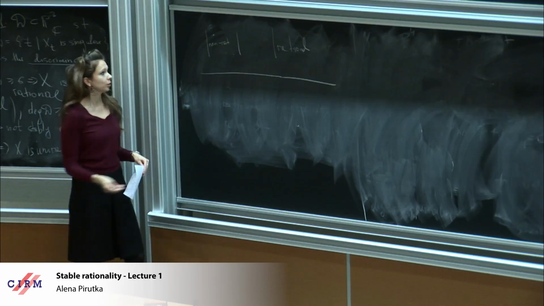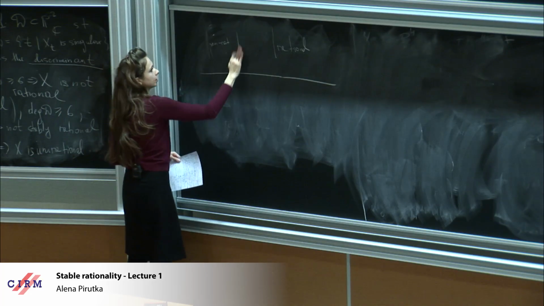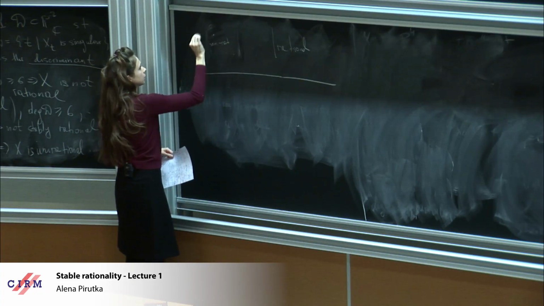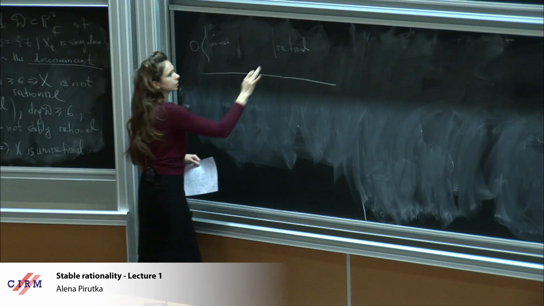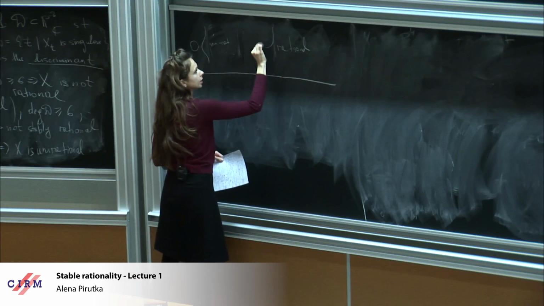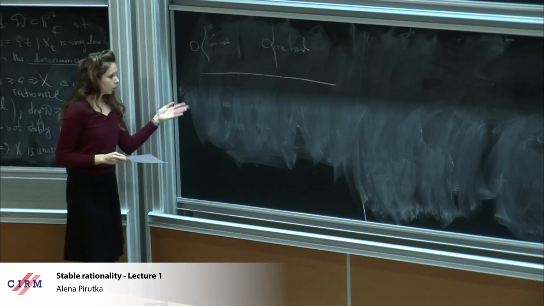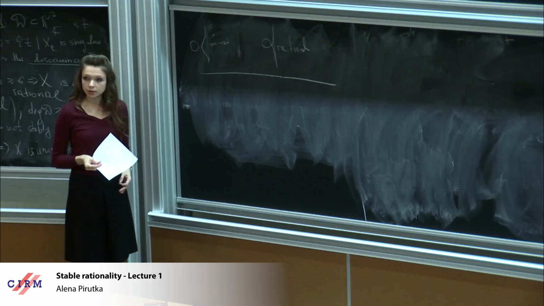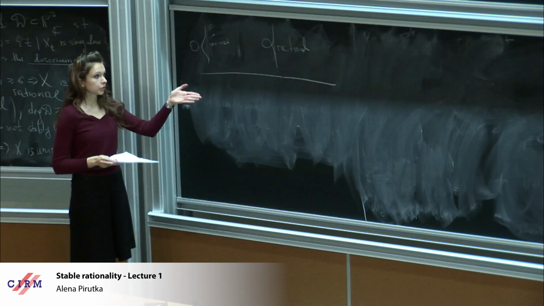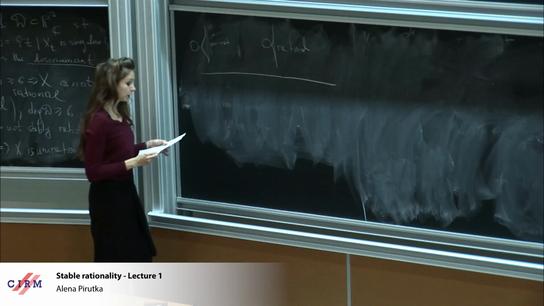Elliptic curves. I made a very bad picture here; I should have done something like this, right? Elliptic curves are going to specialize to a nodal cubic, and this is rational. Well, with singularities it's straightforward, but when the fibers are smooth, then it's a different question.